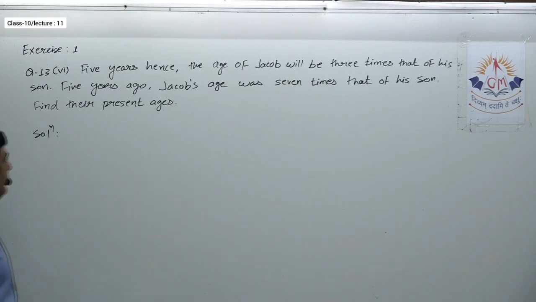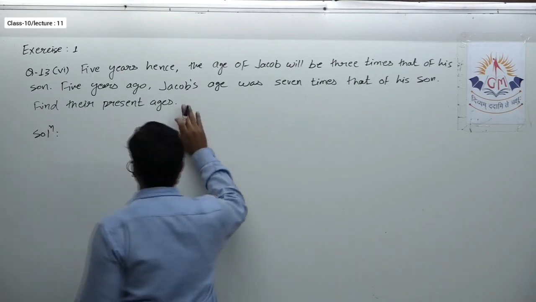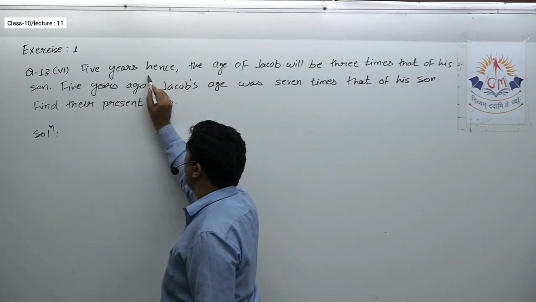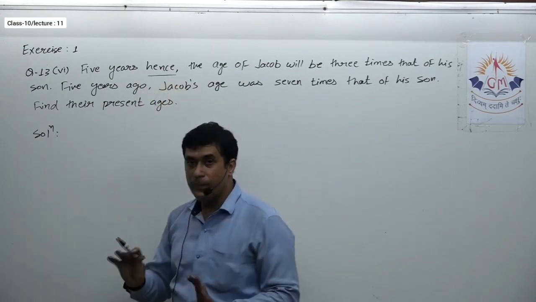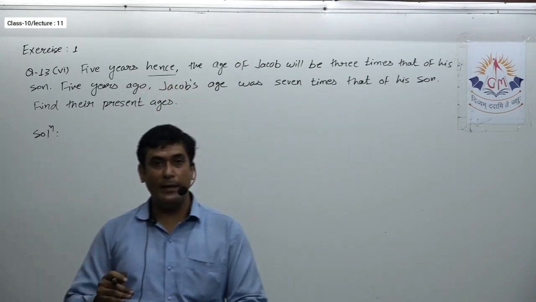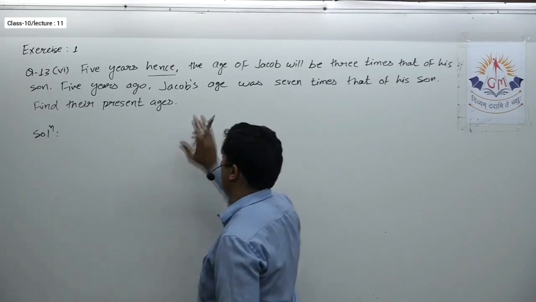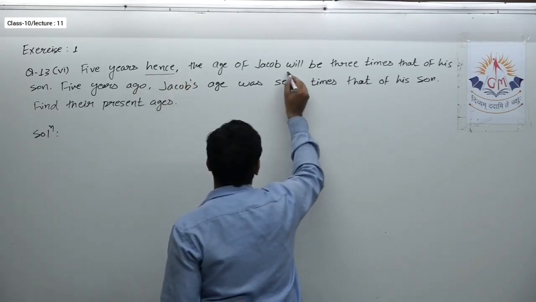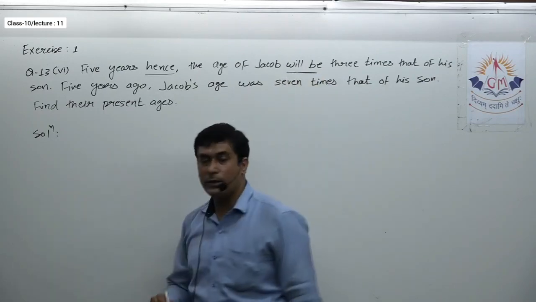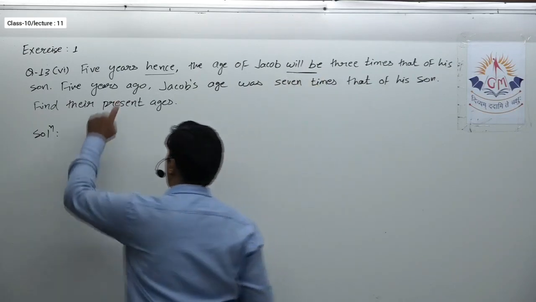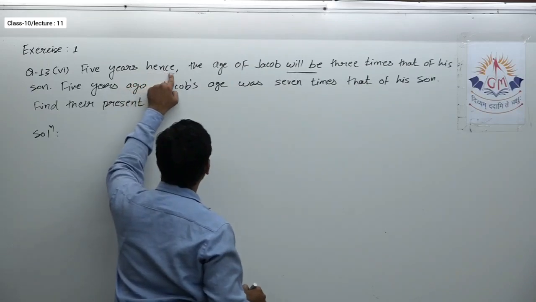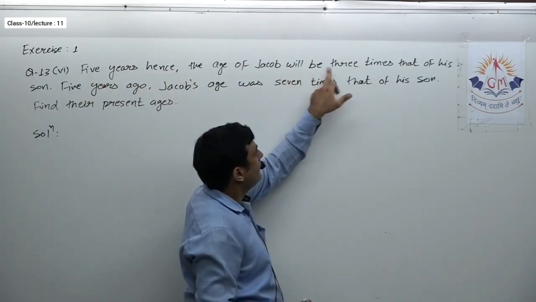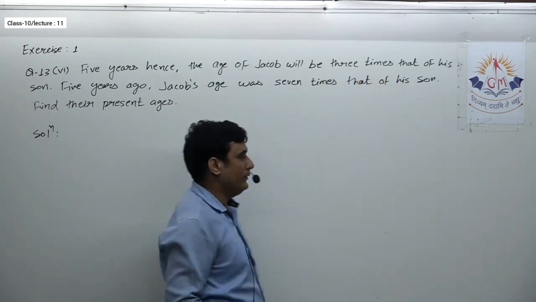Okay, let us see how to solve this. See, first of all, try to understand the question. 5 years hence. This word hence represents that we are talking about the age which will come in the future. That means they are talking about the future age. So after 5 years the age of Jacob will be 3 times that of his son.